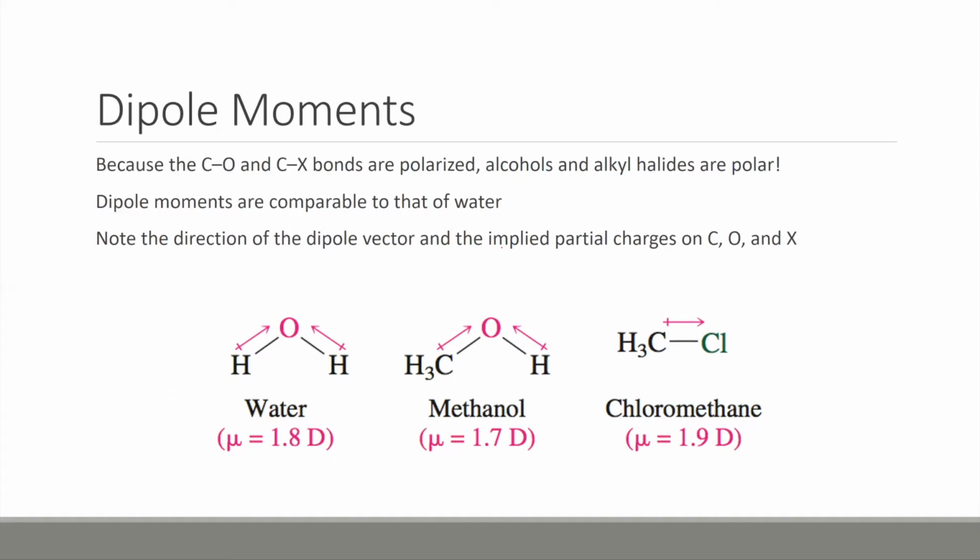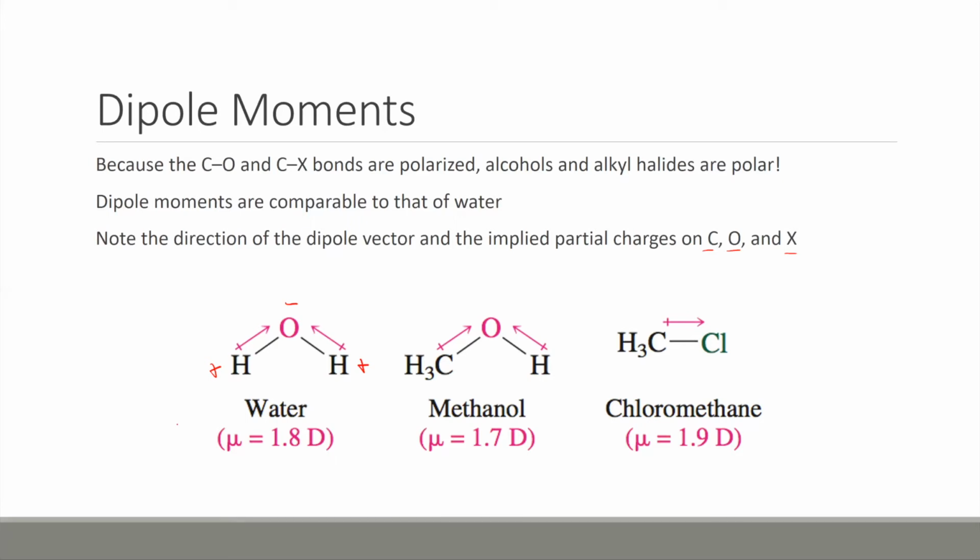So you can see in the direction of a dipole vector, which is shown here, there's implied partial charges on the carbon, oxygen, or halide. So again, if we want to look at water, water we know is polar. Hydrogens have a partial positive charge on them, and the oxygen has a partial negative charge because of their polarity.